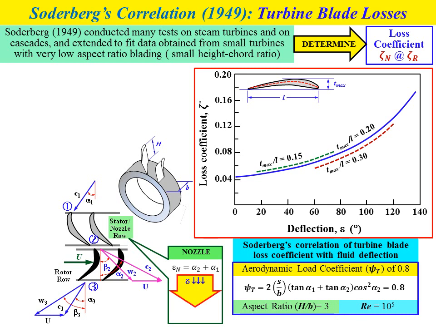If the condition has a very small deviation angle, the flow deflection angle for the nozzle will be equal to the blade deflection angle of the nozzle, where the flow deflection angle for the nozzle is more or less equal to alpha 2 prime.